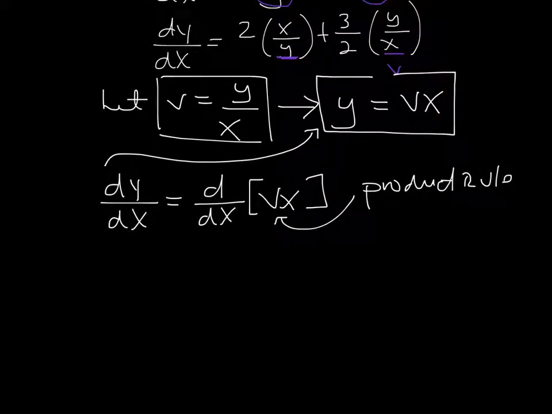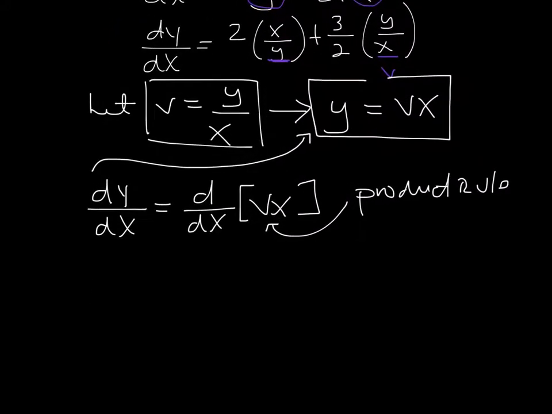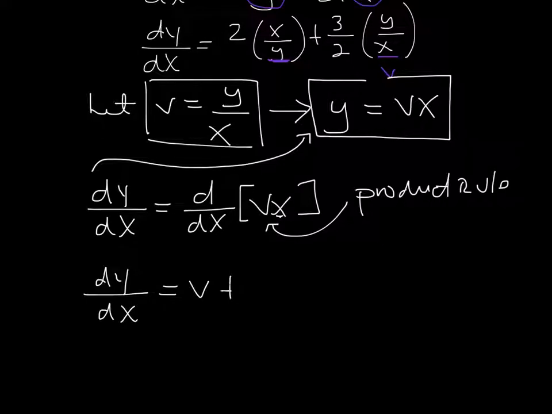And so if I move this up, I'm going to have dy/dx equals, and again, just using our product rule, we're going to have the derivative of x, which is 1, times v, plus x times the derivative of v, which is just dv/dx.